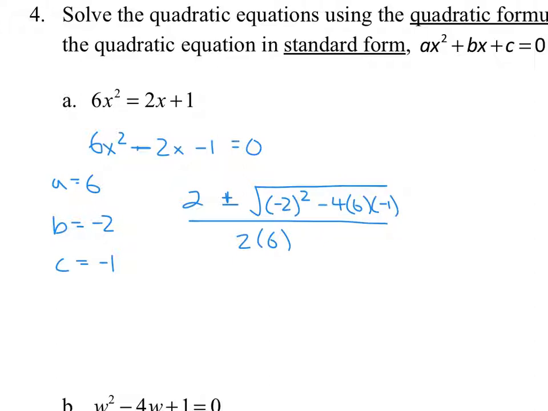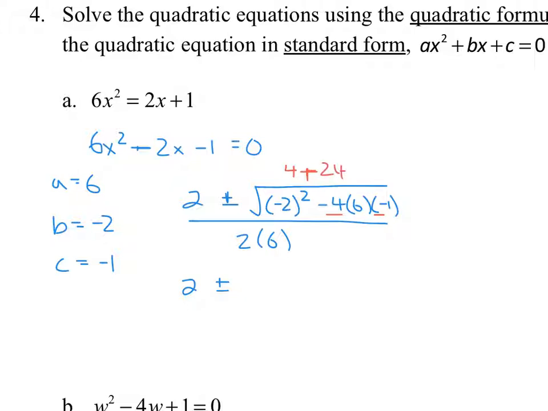Okay. So we simplify, we get 2 plus or minus, inside that radical, we're going to get 4, and then negative 4, well, a negative times a negative is going to make it a positive, and that's going to multiply to positive 24.